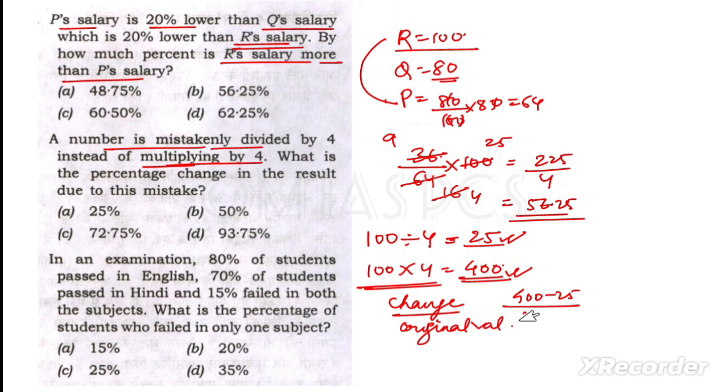So it is 400, multiplied by 100. So here it is 375 by 400 multiplied by 100. So basically what is the answer? It is 93.75.